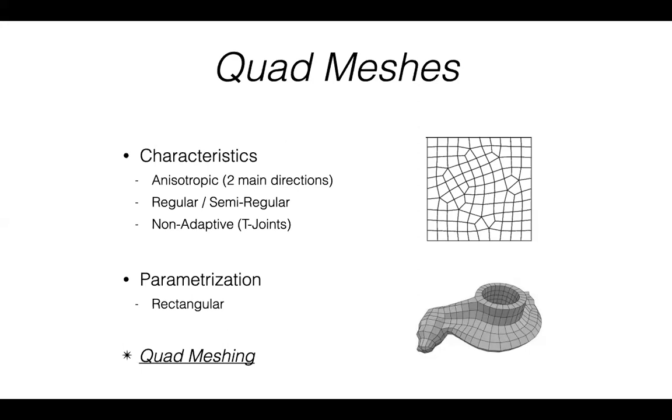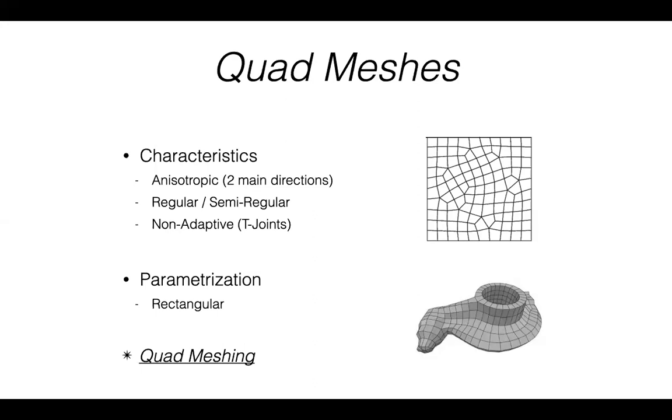This means that most of the vertices have valence 4, but some will have valence different than 4. And these are going to be called non-adaptive T-joints. If we want to create subdivisions here, besides this extraordinary vertex that has valence different than 4, you cannot subdivide the mesh, otherwise you would get a T-joint. So the mesh is not adapted.